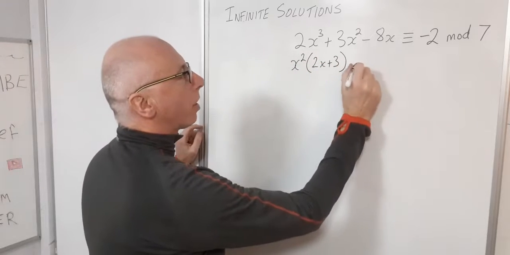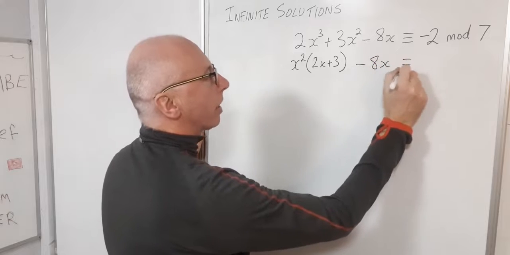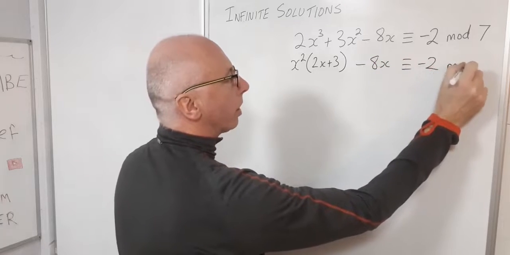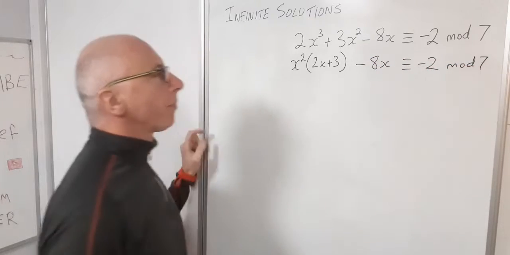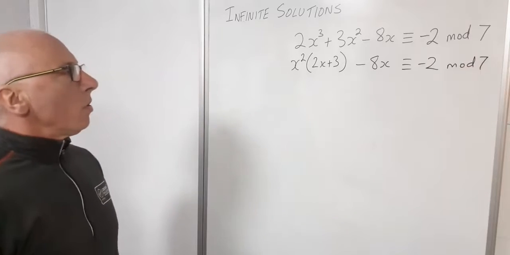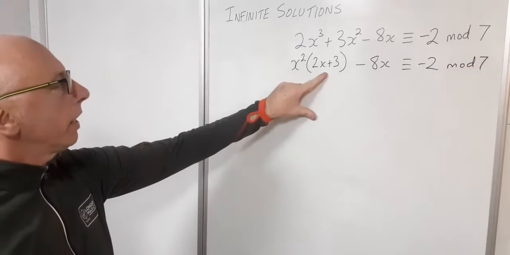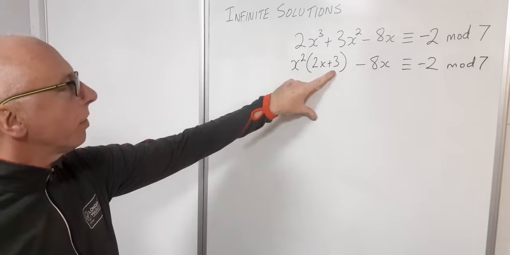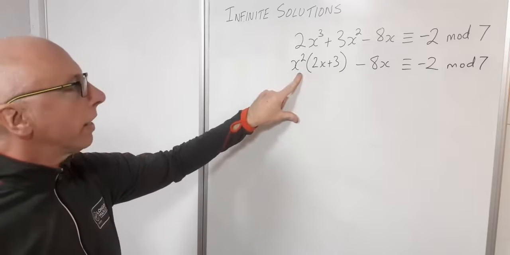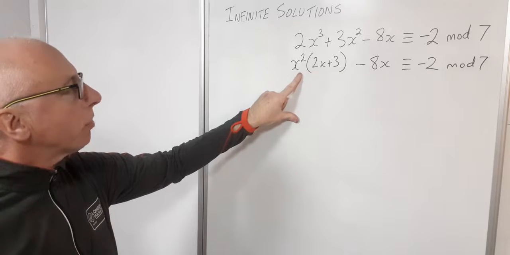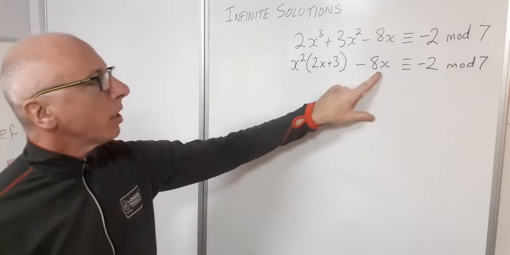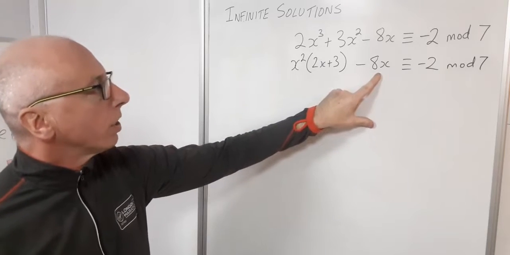Okay, and then I've got minus 8x is congruent with minus 2 mod 7. Right, so if I've got 2x plus 3 here and an x squared here, factoring by grouping is probably going to be my only option.